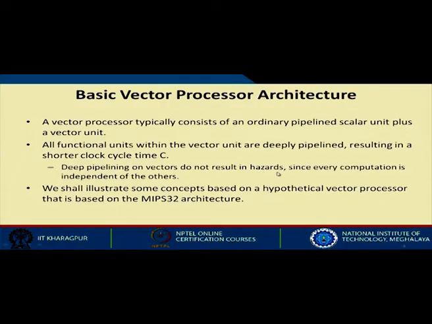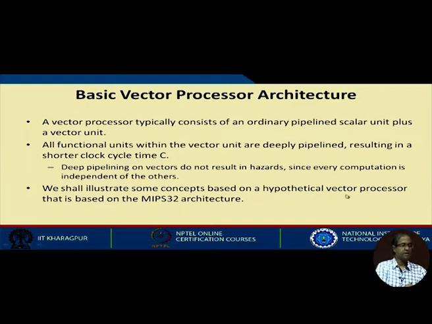A1 and B1 are added, the result is stored in C1, then A2 and B2 are added, the result is stored in C2, and so on. There is no dependency across successive computations, so no question of hazards coming in. This is another very good thing for vector processing. This kind of deep pipelining does not result in hazards because the computations are independent.